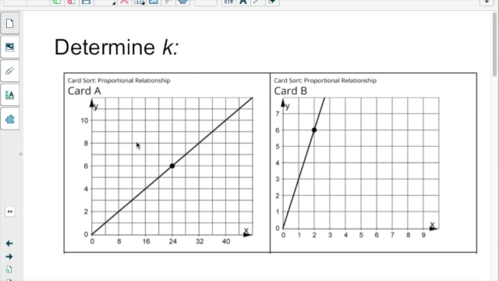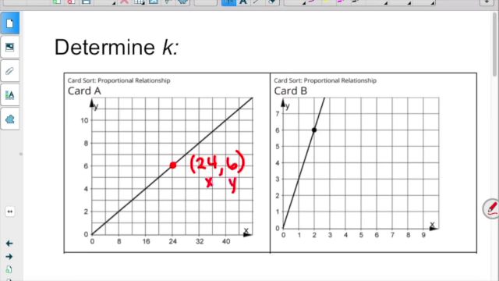So starting with A, we have a point on the line, which is nice. So I'm going to label this point as, let's see, 24, 6. Okay, and remember that's an x and a y. So when we do our constant of proportionality, which one goes first? Which one goes as our numerator? The y.